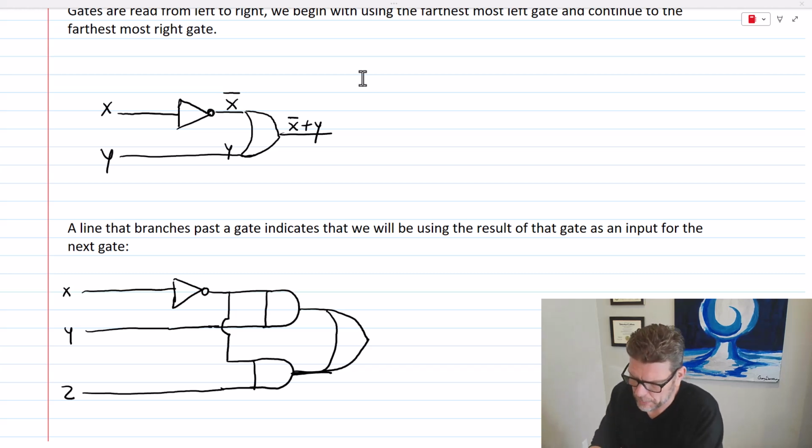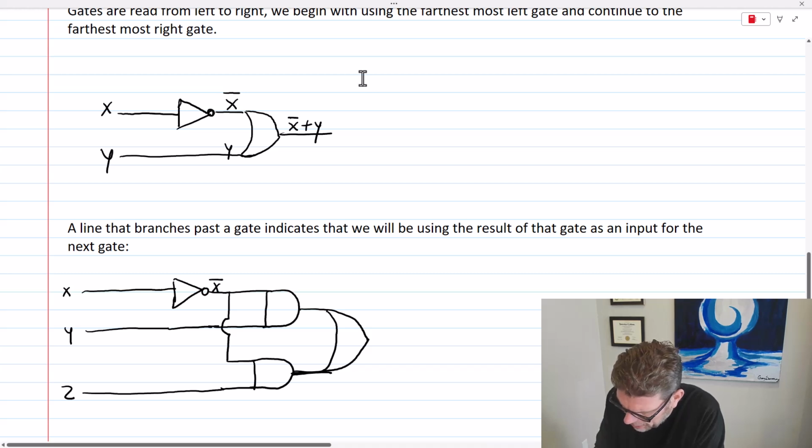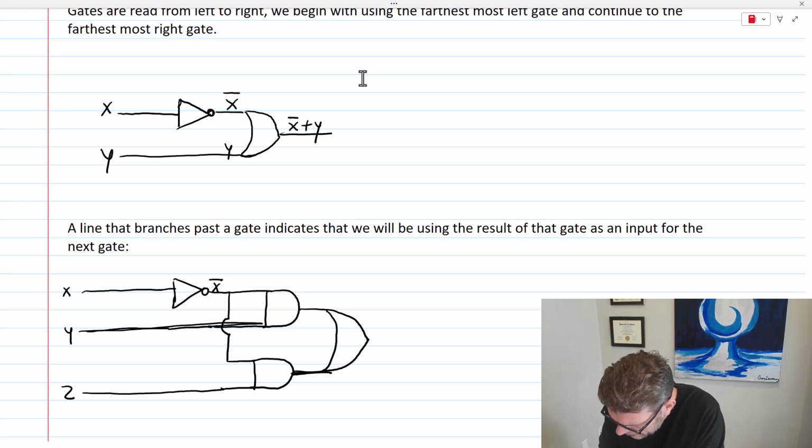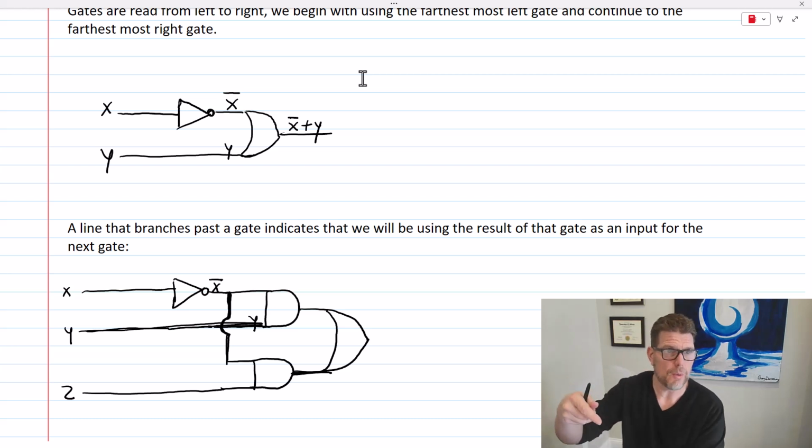So say for example, we have this particular circuit, we've got X, and then we're going to get X bar past this line, and then we'll have Y, and you'll notice this line is the straight line coming out from Y. We can tell that the line that is coming down past the Y line has to do with X bar because of this little bump right here. The little bump tells us that it's not Y that we're referencing, it's kind of like we're jumping over Y, but instead it's going to end up being X bar.